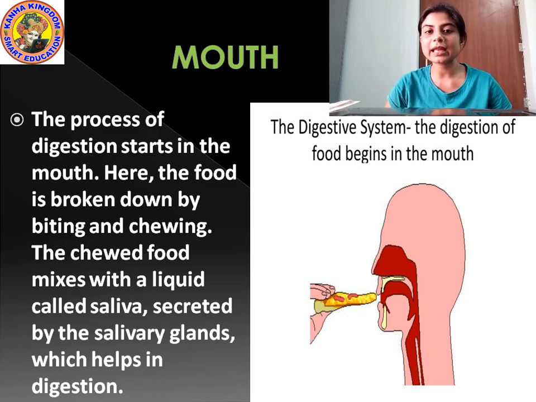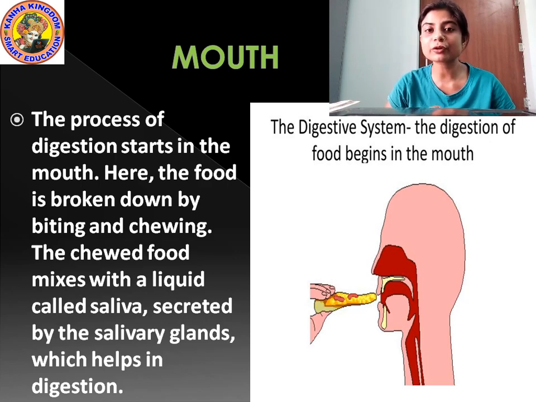The food that we eat, we chew it inside our mouth, and then the food gets mixed with the saliva. Saliva is the watery substance that is present in our mouth, which is secreted by the salivary gland. Then the food that is mixed with the saliva helps in easy swallowing.